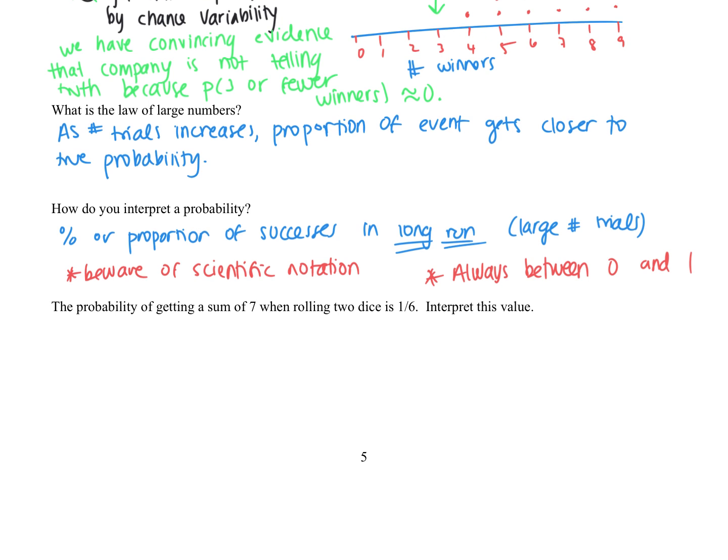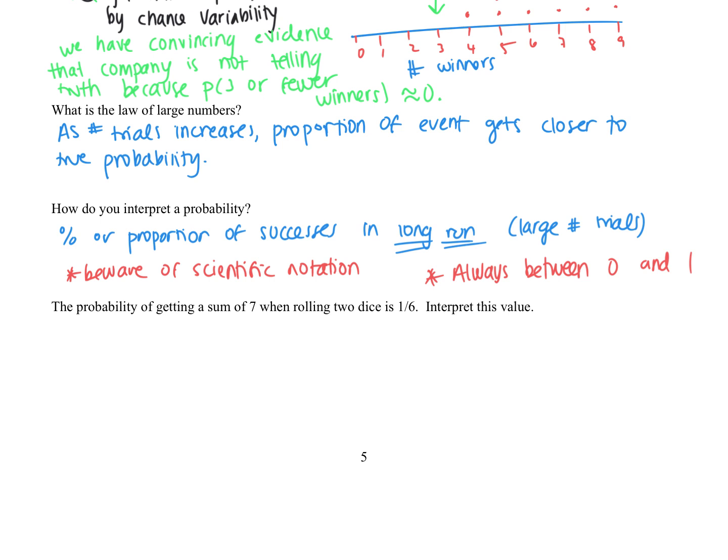Okay, let's talk about interpreting probability or seeing an example. The probability of getting a sum of 7 when rolling 2 dice is 1/6. We're going to interpret this value. A lot of times people will just rewrite that same sentence. The probability of rolling a sum of 7 is 1/6. That's not the case. It's a long run average.